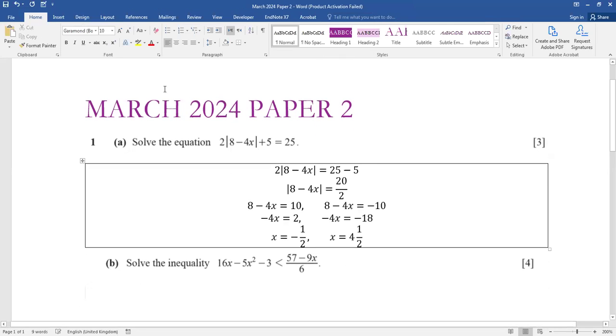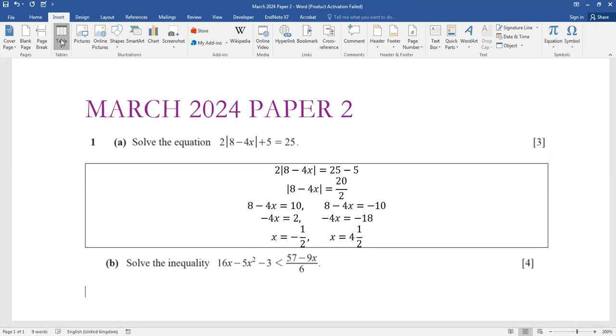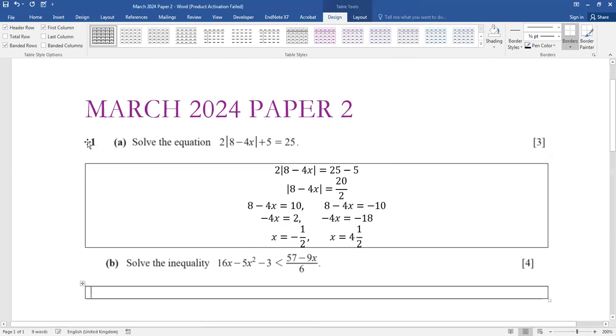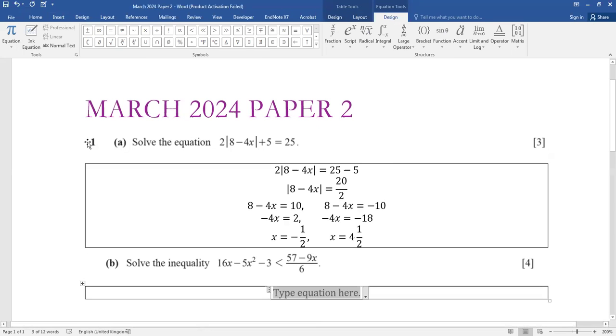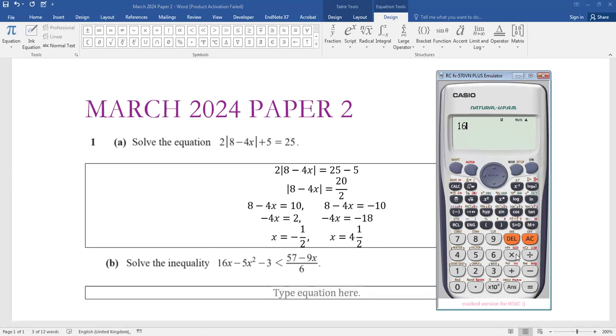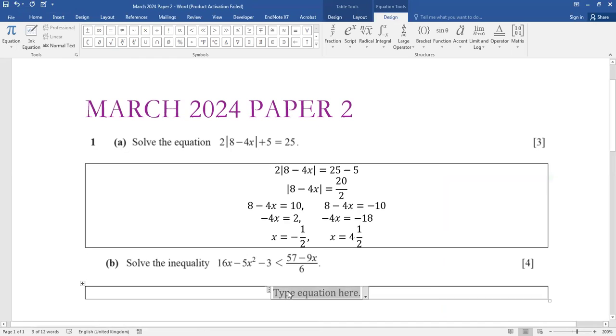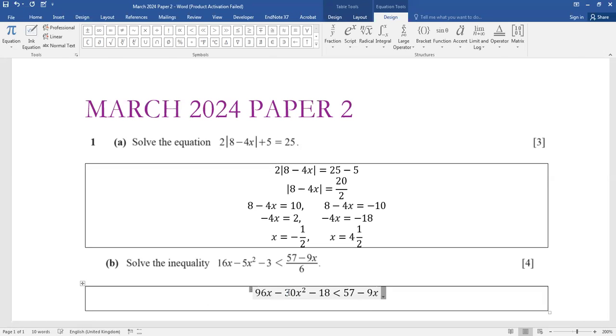Now part B is regarding a quadratic inequality. We'll first multiply the 6 on the other side, and 16 times 6 is 96, minus 96x minus 30 x squared minus 18 is less than 57 minus 9x.